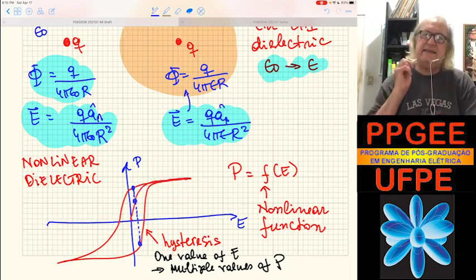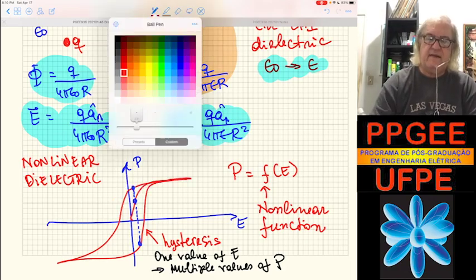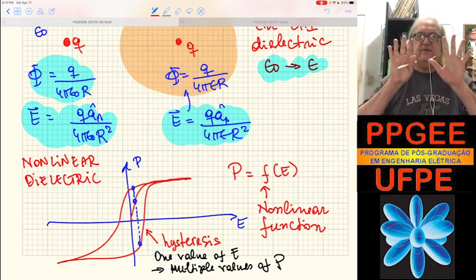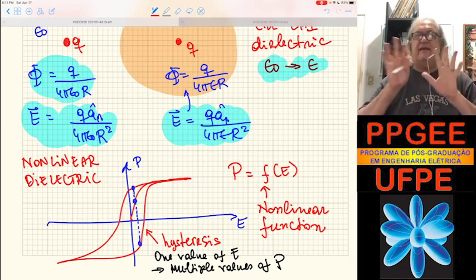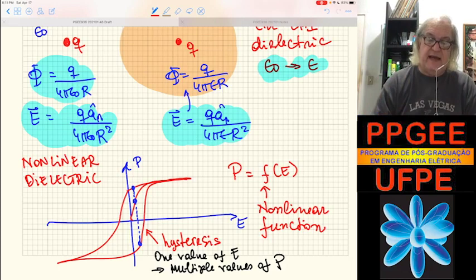But let's say you stop it at a reasonable value, you're going to saturate, everybody's aligned. Then there's a second phenomenon. When you go back, you remove the field, you're going to have the internal interaction between dipoles, because one dipole produces field in the other one. So we have, again, internal interactions, and those dipoles may remain aligned.